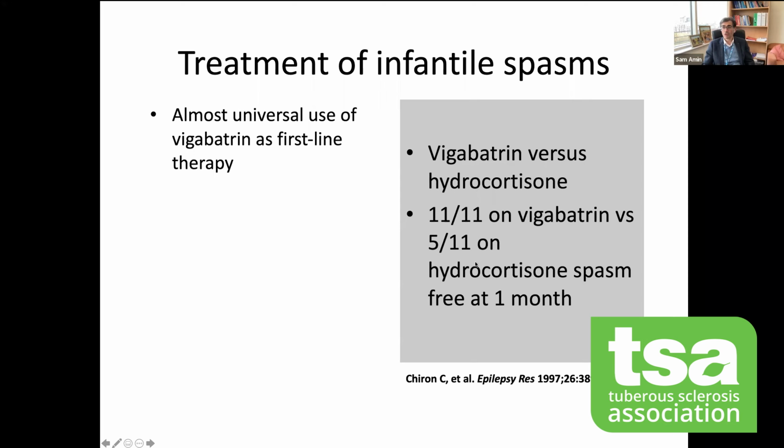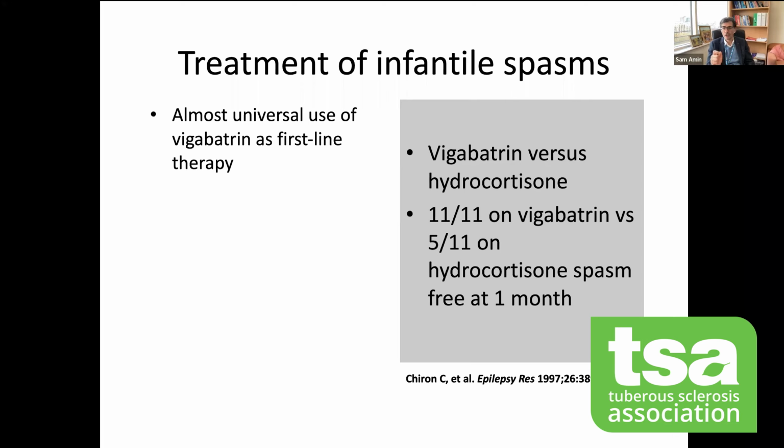So we don't really know if this drug is the best drug, and if it is the most effective drug in this population. So we definitely need a bigger trial to confirm these findings. Because at the moment, if someone has infantile spasms without TSC, they will be given steroids because steroids are much more effective for spasms than vigabatrin.